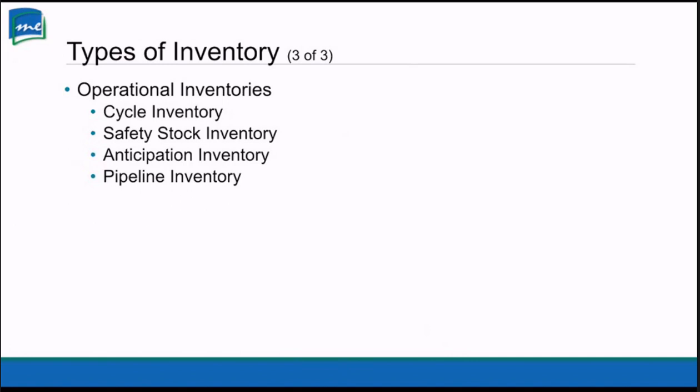And the safety stock inventory is the surplus inventory that protects against uncertainties in demand, lead time, or supply changes.